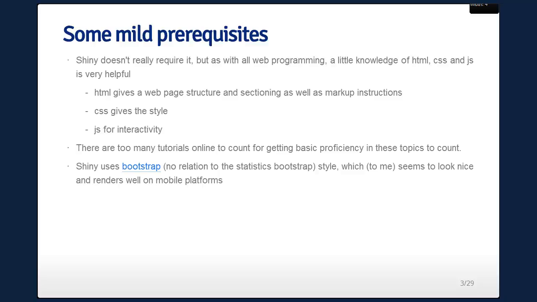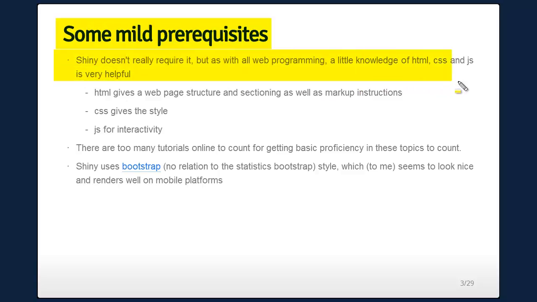So some mild prerequisites, and since I am not a web developer, maybe I'm not the best person to be teaching this class, but I don't even play a web developer on TV. But let me give you my understanding of the prerequisites. Shiny doesn't really require it, but with all web programming, you need to know a little bit of HTML. At the bare minimum, you have to know some HTML, and a little bit of CSS and JavaScript is certainly going to be helpful to be effective with Shiny.